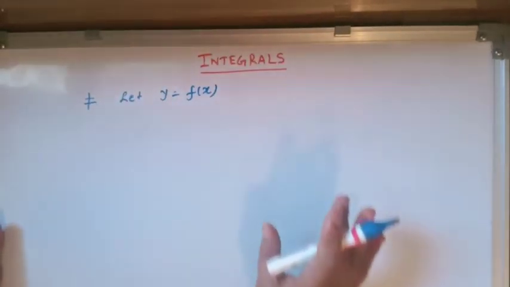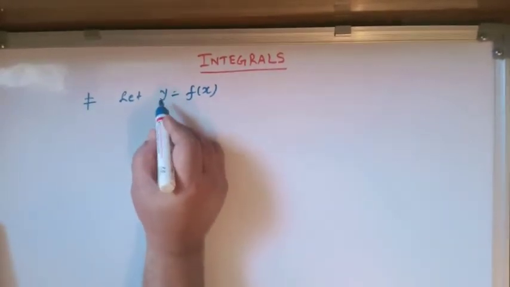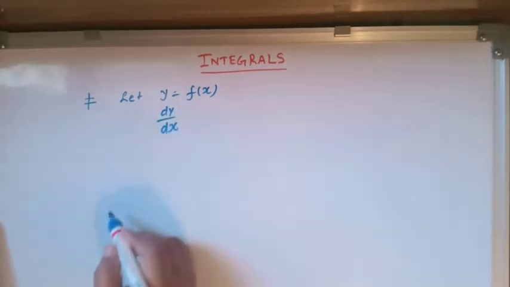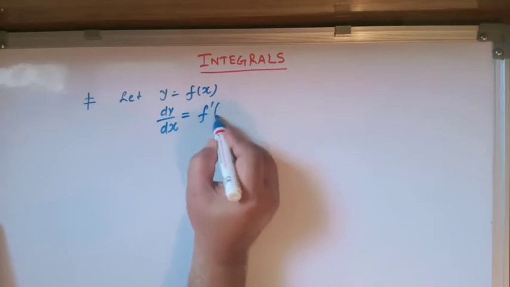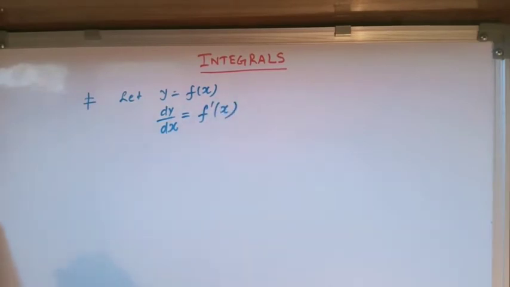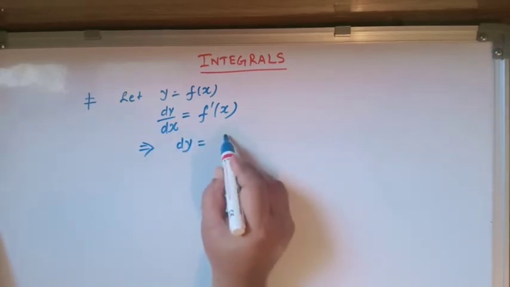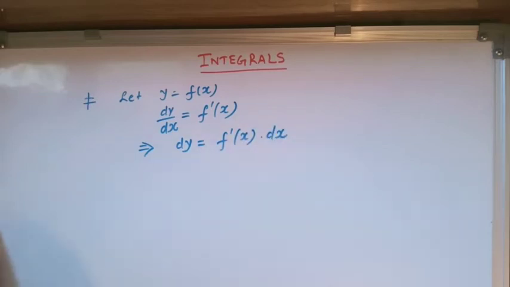And this is a differentiable function, and the derivative of y, dy over dx, is, say, f prime of x. Clear? So therefore we can write dy equal to f prime of x dx. Clear?